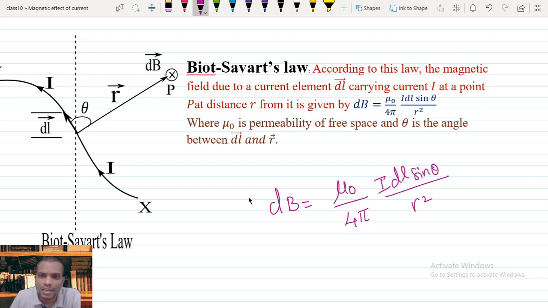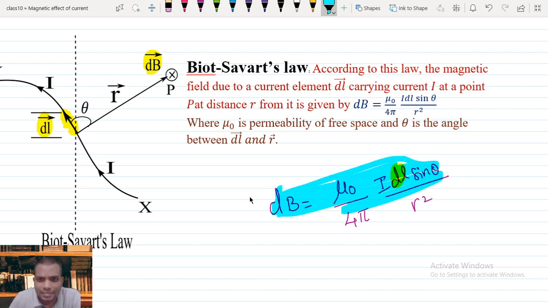Here dl is the elemental length, the smallest portion in the current carrying wire. Due to this smallest element, the small magnetic field at point P is dB equal to mu naught I dl sine theta upon 4 pi r square.